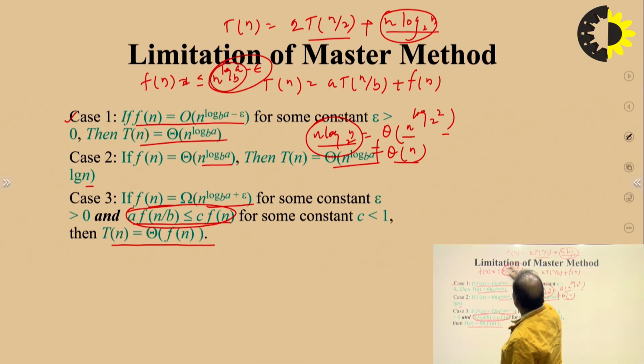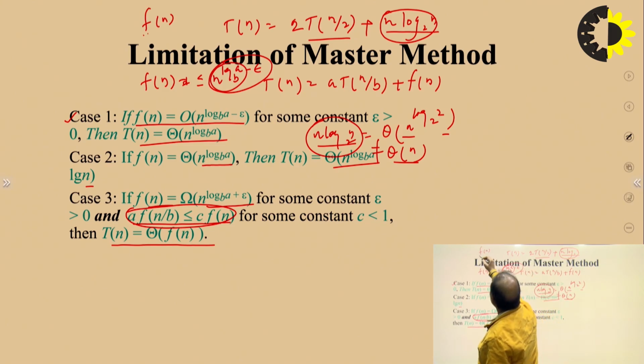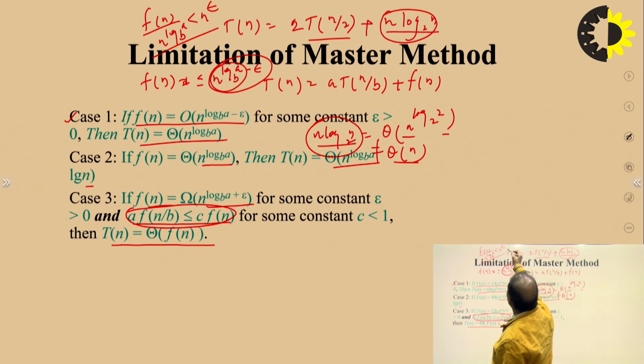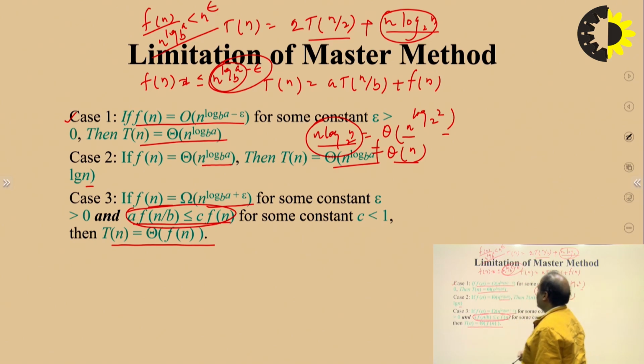What is polynomially smaller? It means that f(n) divided by n to the power log a base b is less than n to the power epsilon. If so, f(n) is polynomially smaller.